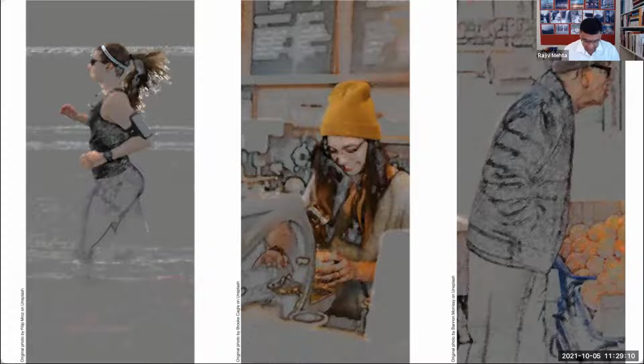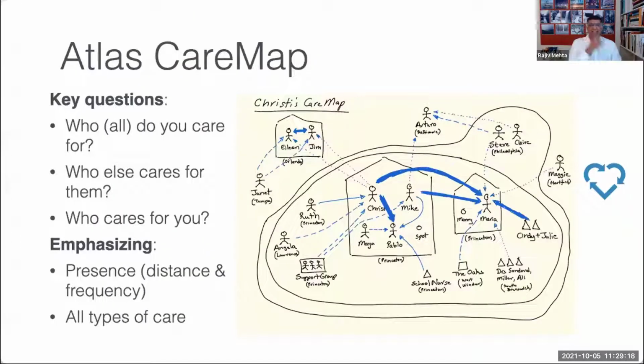It was very powerful. Let me show you a little bit more about the care map. As I said, it depicts the care ecosystem, kind of who is caring for whom in the way you see your family and friends. And you think about, who all do you care for? Who else cares for them? Who cares for you? So you're really thinking of it in multiple ways.